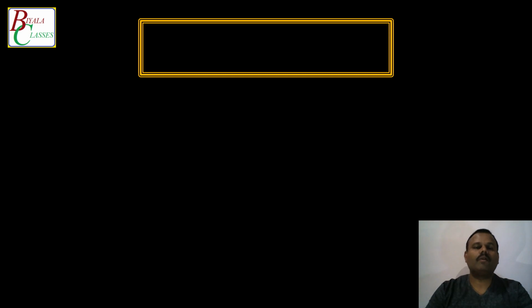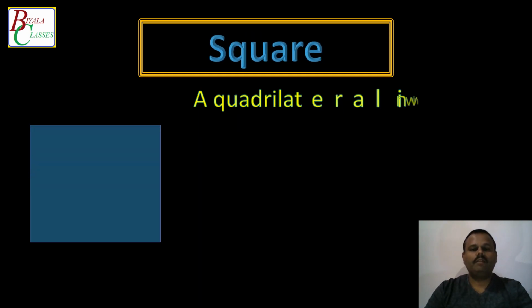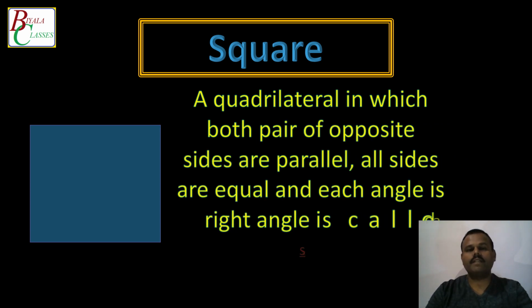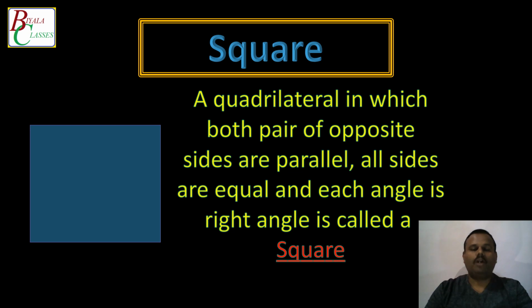Now let us move to the second most familiar quadrilateral, that is the square. So again, a square is a quadrilateral in which both pairs of opposite sides are parallel, all the sides are equal, and each angle is a right angle.